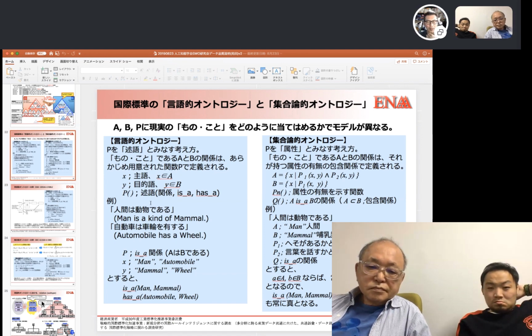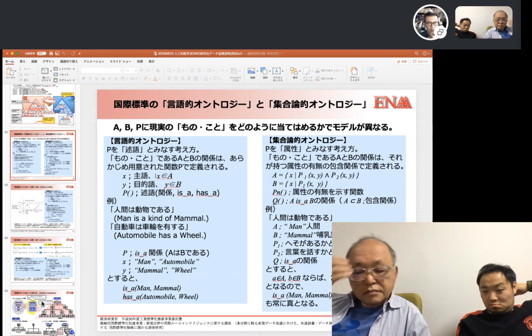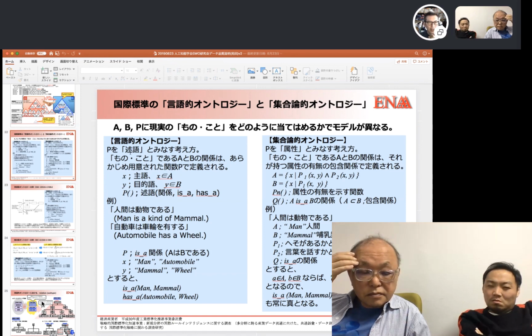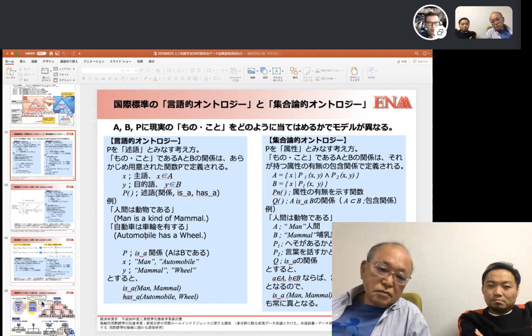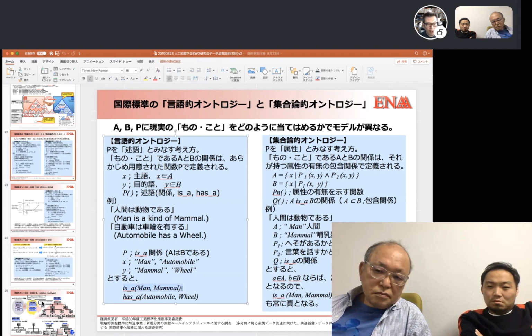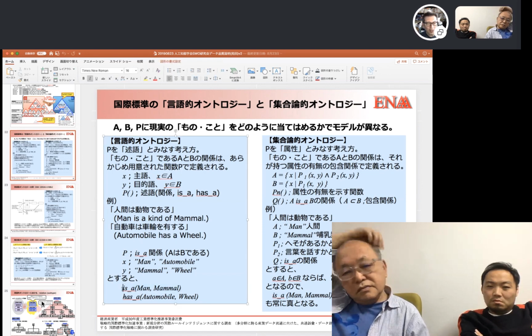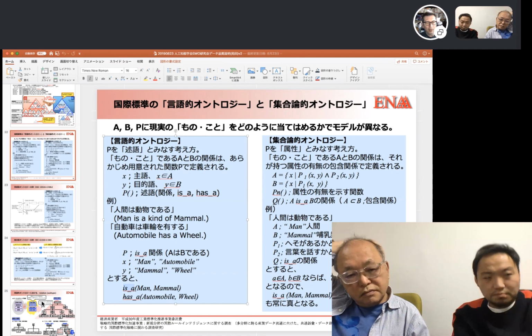So what causes such a difference between those two ideas? In the case of linguistic ontologies, to show the truth of this proposition, it is based on the interpretations of the clause.